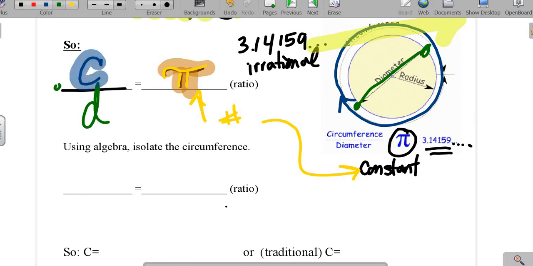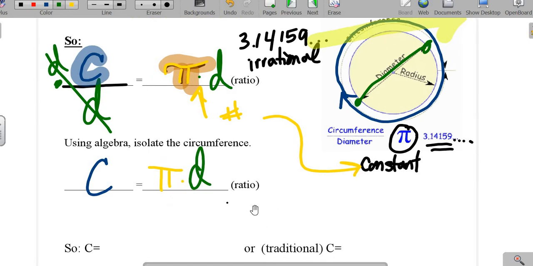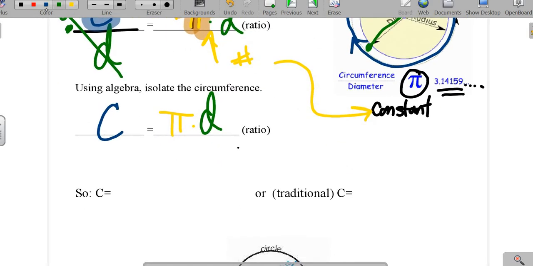So I'm going to multiply both sides by d, like basic algebra here, and we get this. Circumference equals pi times d, or commonly known as circumference equals d pi.